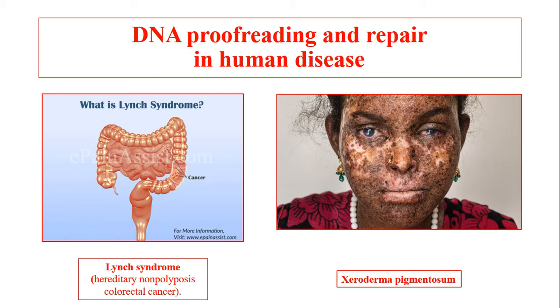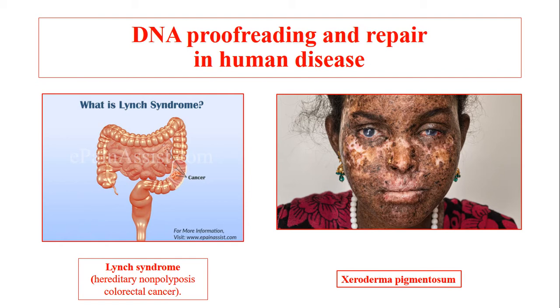The next example is xeroderma pigmentosum. People with xeroderma pigmentosum are extremely sensitive to UV light. This condition is caused by mutations affecting the nucleotide excision repair pathway. When this pathway does not work, thymine dimers and other forms of UV damage cannot be repaired.